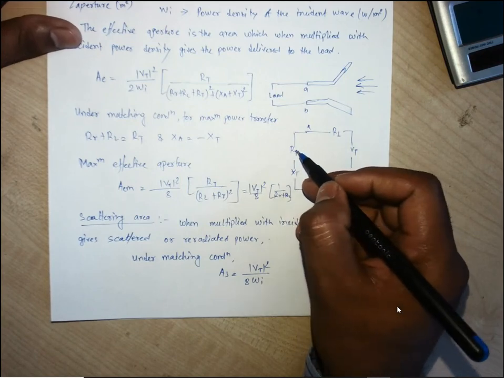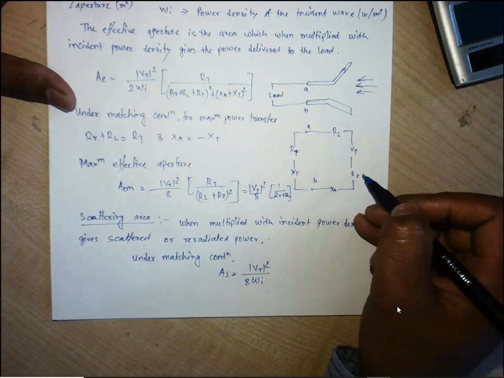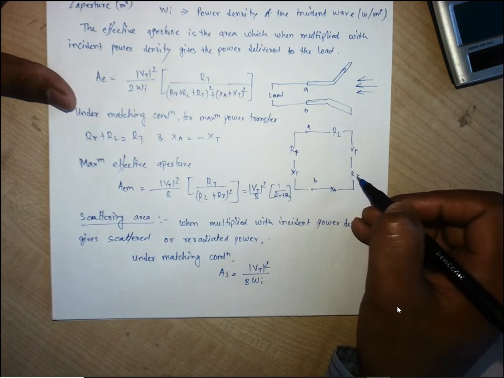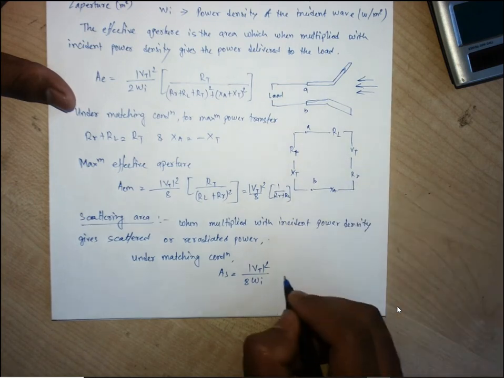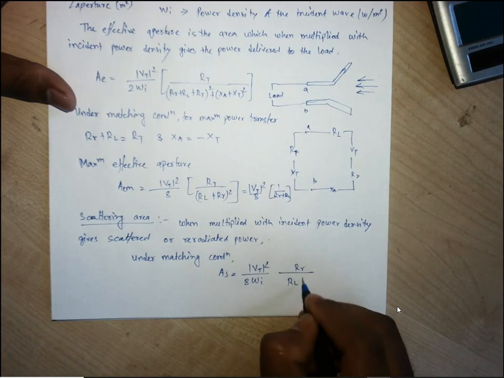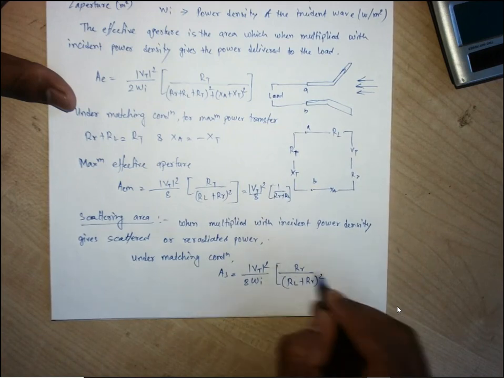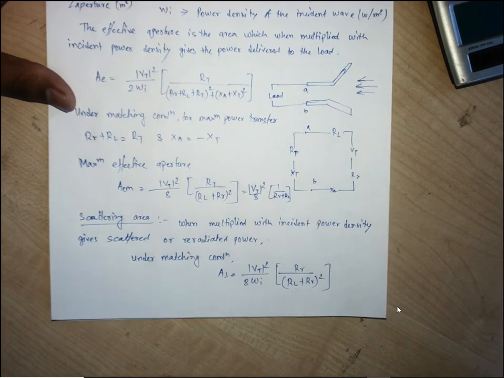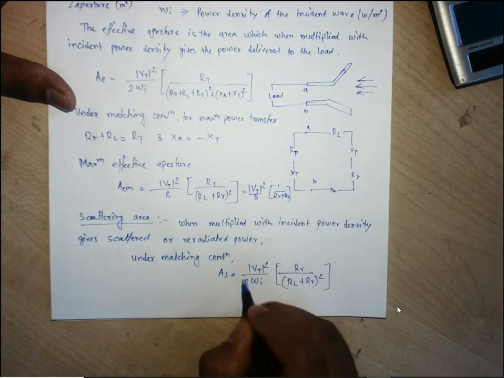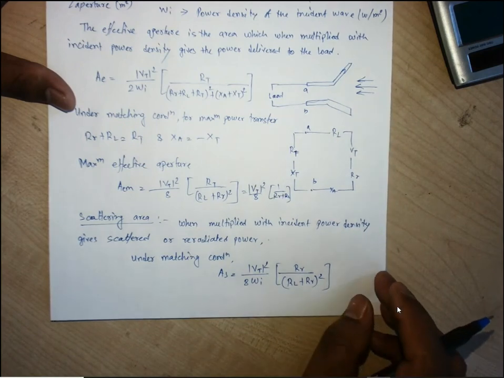Now if we replace this RT by our respective resistance, that will give us the effective area responsible for that action. Here the action is the scattering, so that is RR by RL plus RR whole square. If we multiply this with Wi, that will give us the power which is re-radiated.